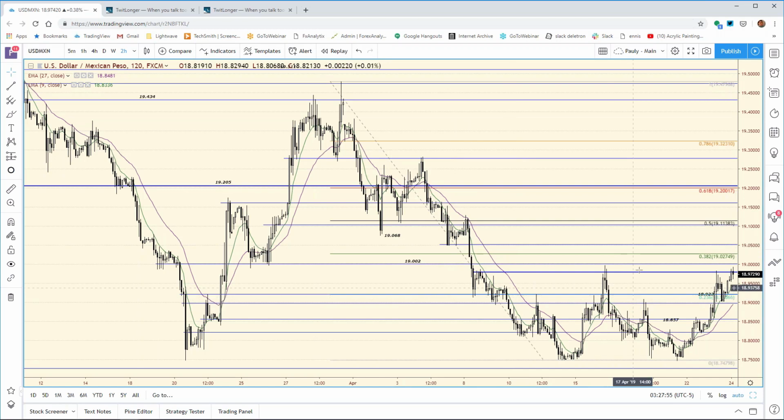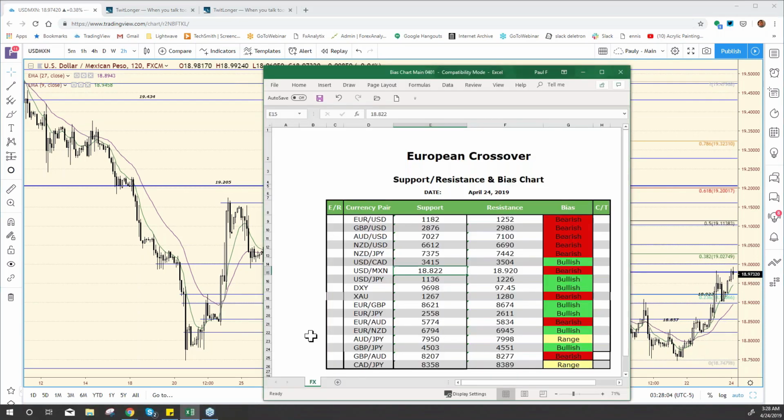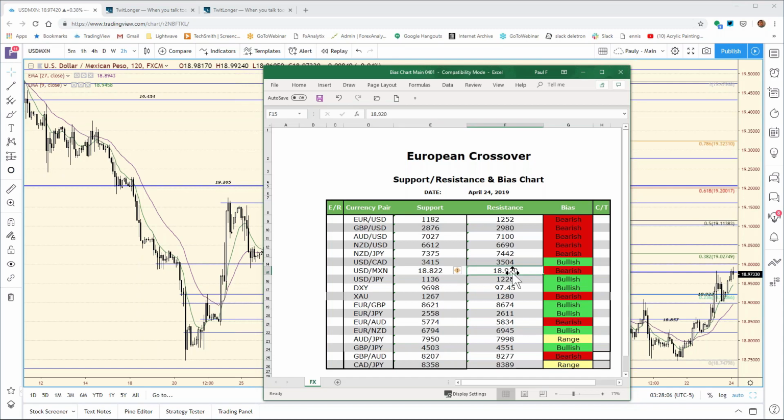This market's already had a pretty good little run already. So we'll go with this 19,027, the 38%, as being the resistance. Remember, still a seller's market. But certainly the momentum has changed on this.